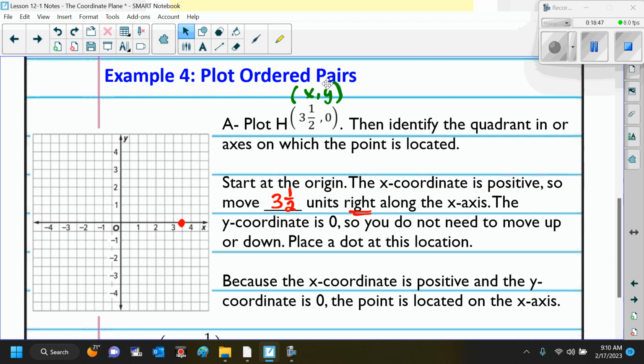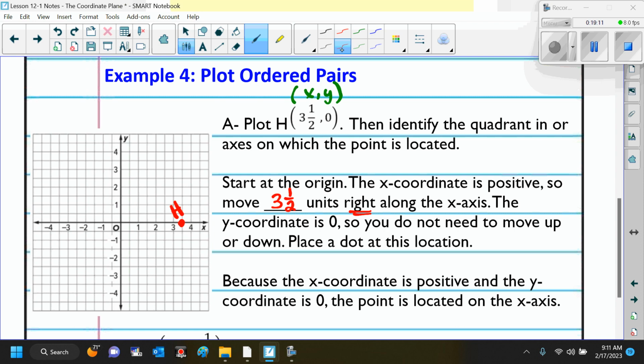Now, since the y-coordinate, look at that, y-coordinate is 0. So that means that you don't move up or down at all. Okay, so you just stay right there, and that is where we are going to plot this point. That is point H. And then don't forget to label your point. So that's point H. Now, we want to know what's the location.